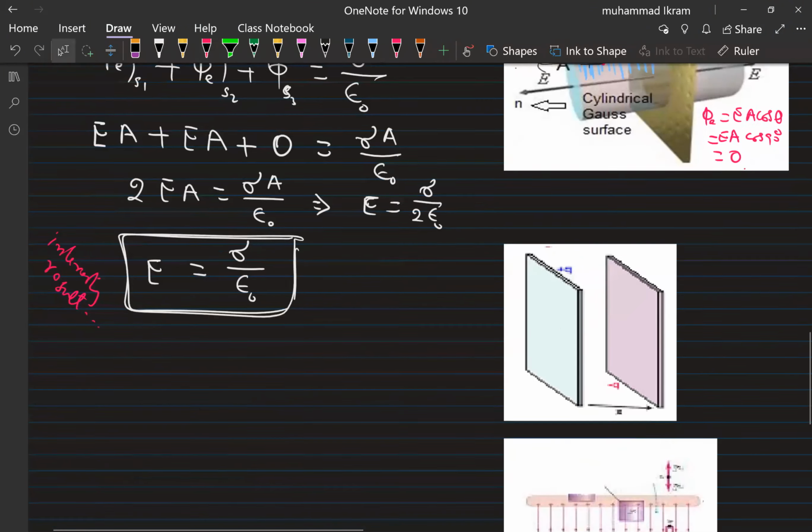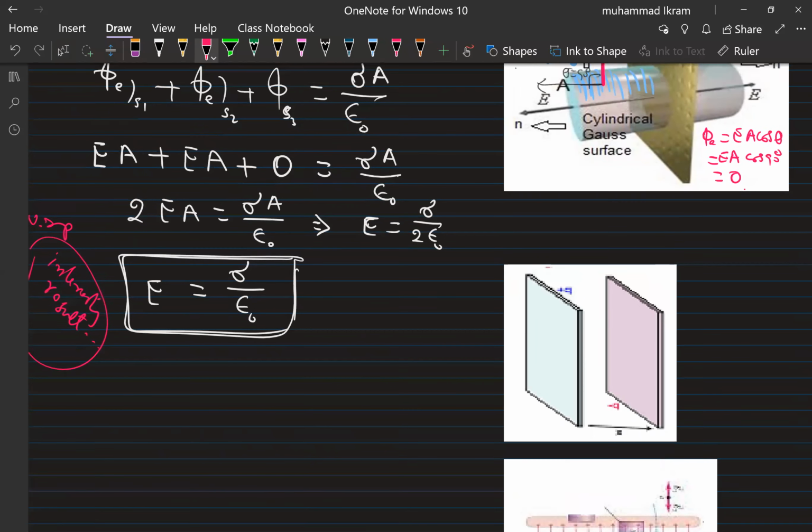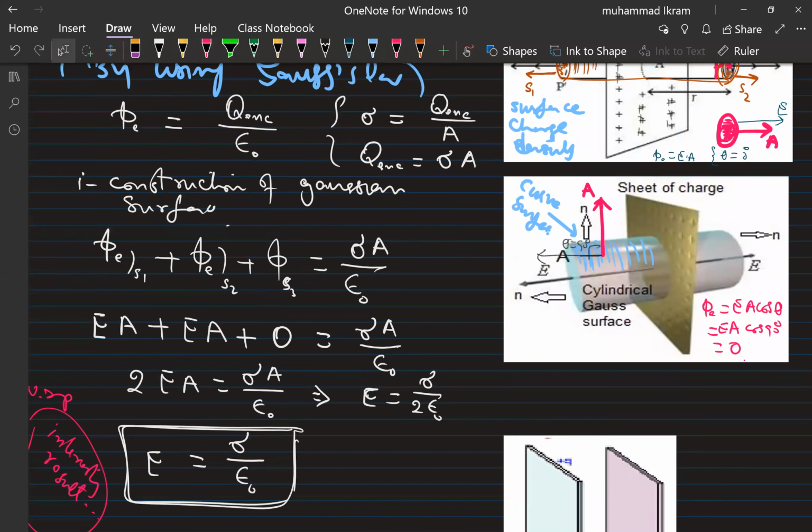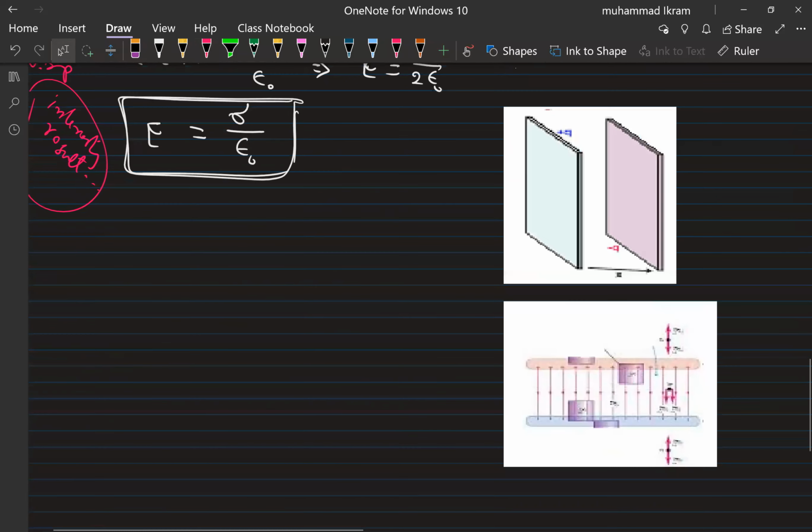The electric field intensity will be the same for an infinite sheet of charge. So that is a very important point, that it does not contain any r. Whether you are closer to the infinite sheet or a bit away makes no difference. The electric field intensity is uniform everywhere for an infinite sheet of charge. So that is the next case.